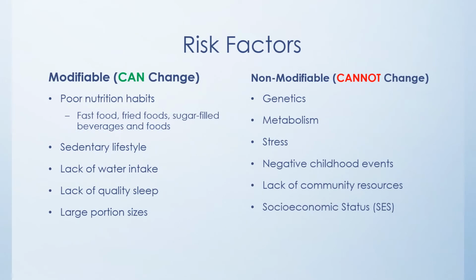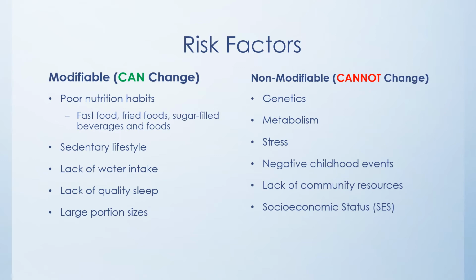So risk factors can be modifiable, which means they can be changed, or non-modifiable, which cannot be. Modifiable would be your nutrition. You can change that. You want to stay away from fast food, fried foods, and sugary beverages and foods. You want to increase your activity. Sedentary lifestyles increase obesity.